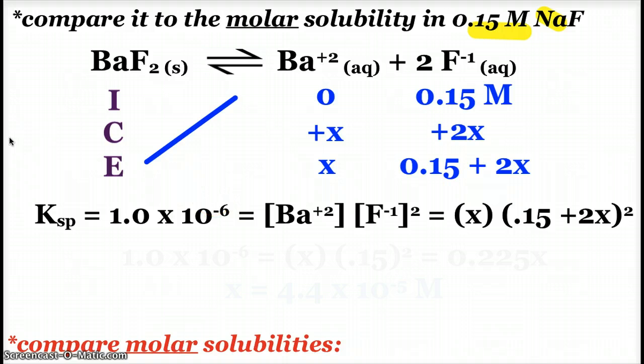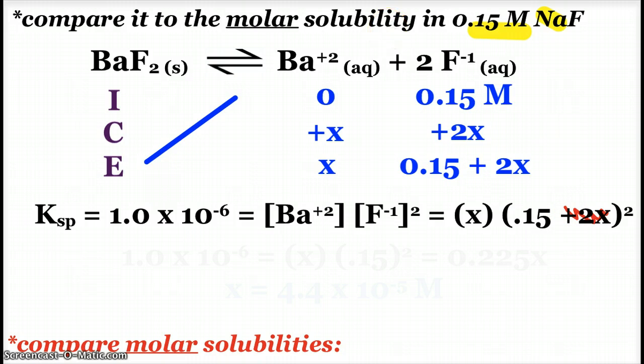My K value is the same. I plug into my expression, and the nice thing here again is because we're dealing with such small K values that I can just ignore the X change in the expression.